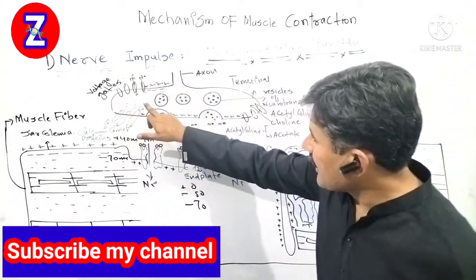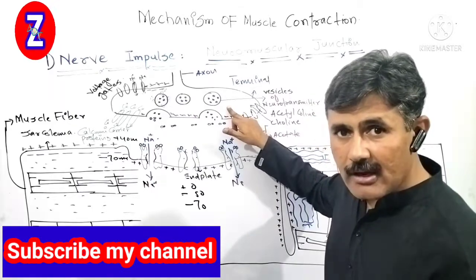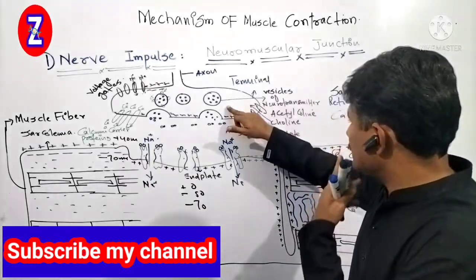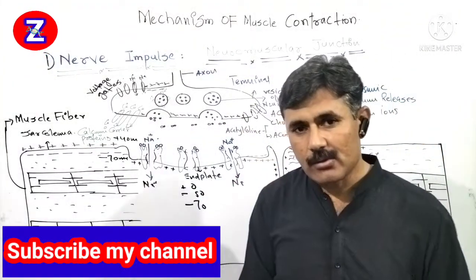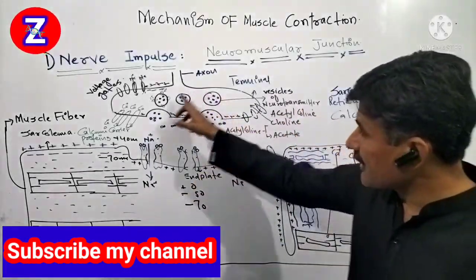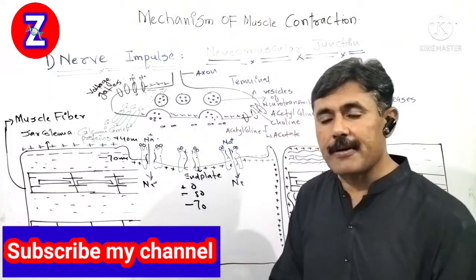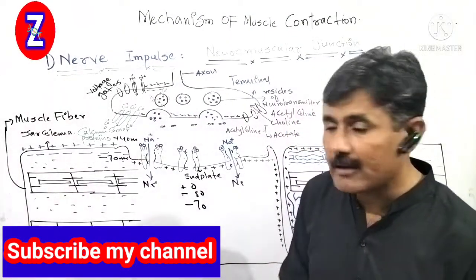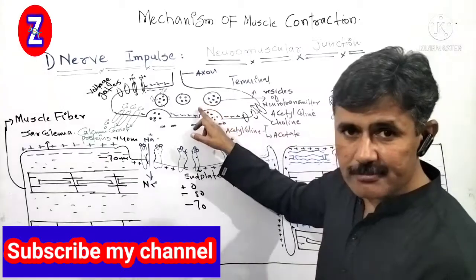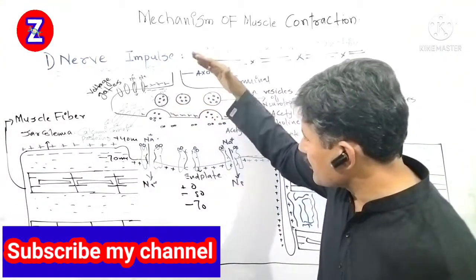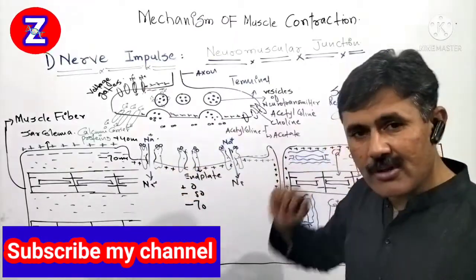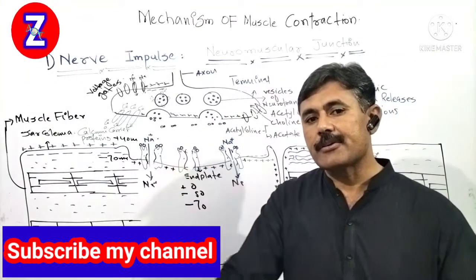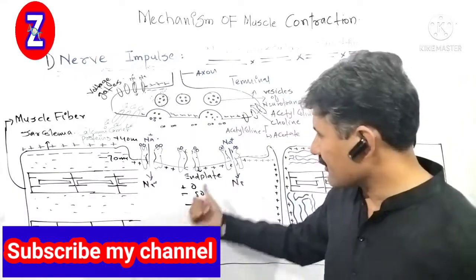This terminal has a special kind of secretory neurotransmitter, which is acetylcholine. It is synthesized in the neurons and is present in the form of vesicles. This acetylcholine diffuses into the cleft and is finally received by receptors on the sarcolemma, which induces depolarization in the sarcolemma.